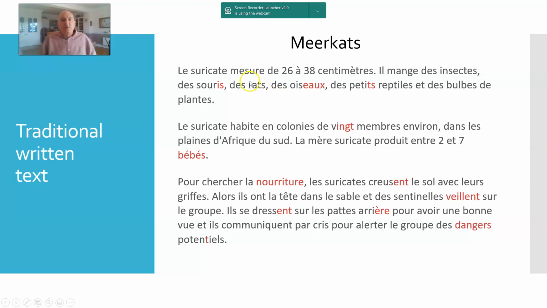So we've got, for example, words like mesure, centimètre, insecte, rat, reptile, bulbe, plant, and so on. So lots of help there that makes an interesting little text accessible to younger learners.